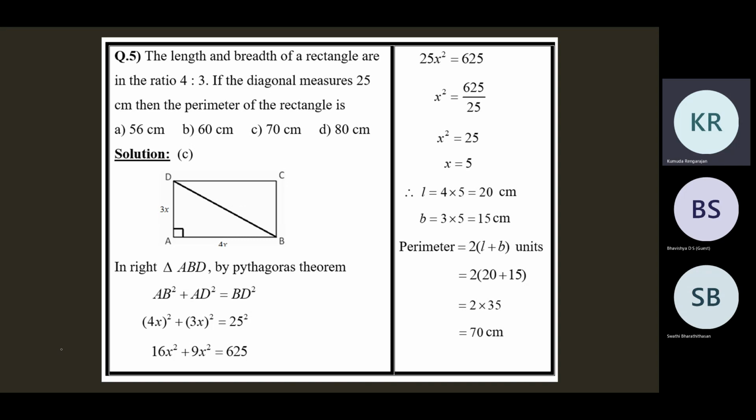So you get 16x squared plus 9x squared is equal to 625. So 25x squared is 625, x squared is equal to 25, x is 5. So we found the value of x. So 4 into 5, 20 is the length. 3 into 5, 15 is the breadth. Now the perimeter is 2 into (L plus B).